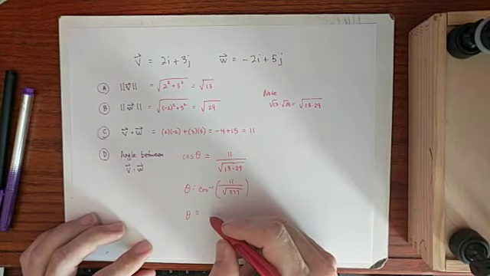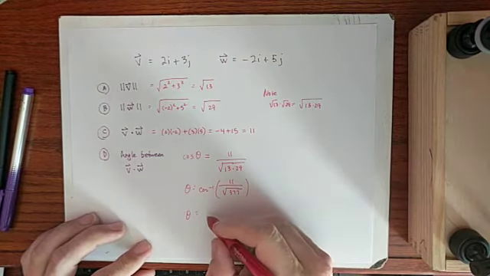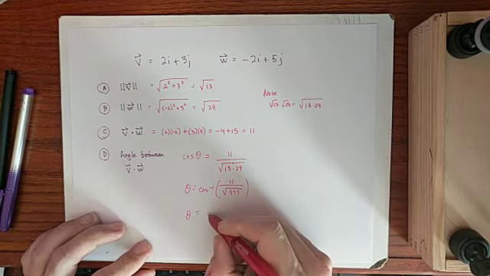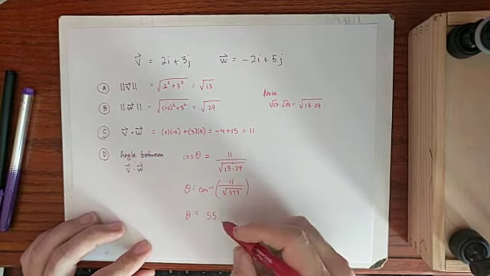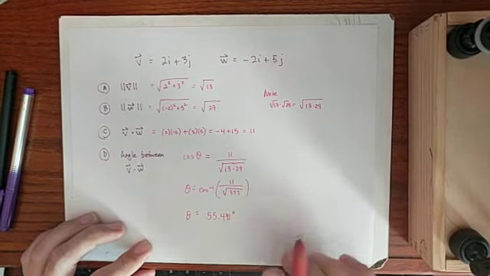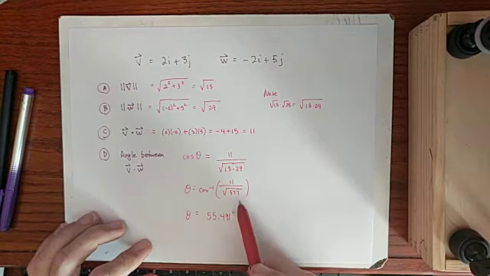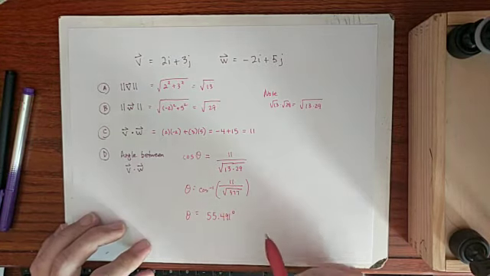If you got 0.9 something radians, it is correct in radian mode, but more often than not, they want the degrees. So it's 55.491 degrees. Okay, and again, type that in your calculator. Make sure that you're in degree mode.